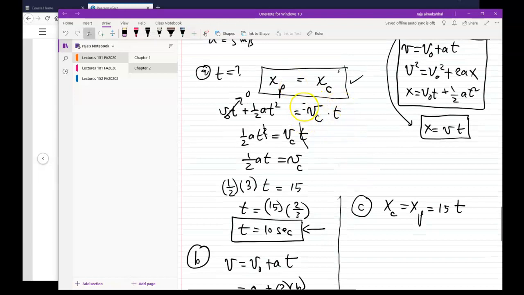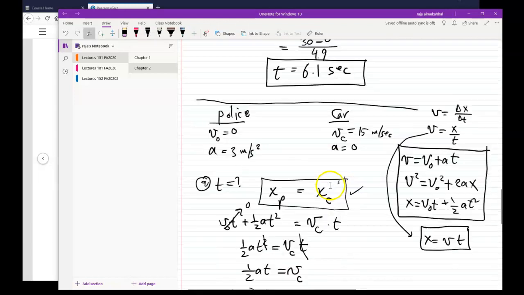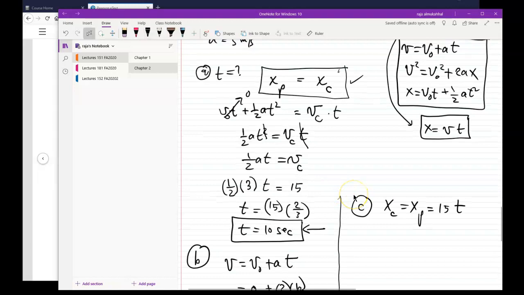It's vc t. vc is 15 right there. So basically the distance traveled is equal to 15 times 30, see what I'm saying? I'm sorry, the time is 10, I beg your pardon. And that will be 150 meters.